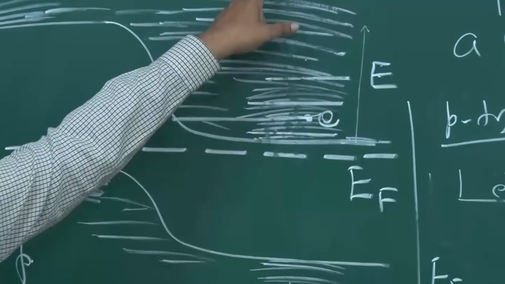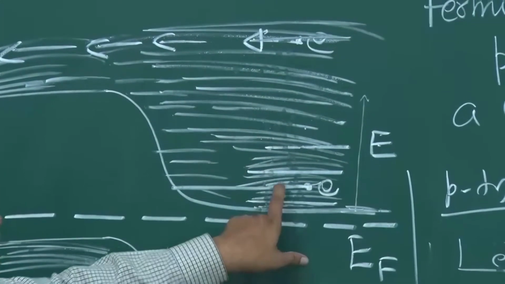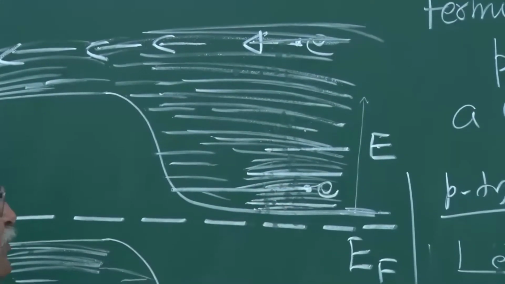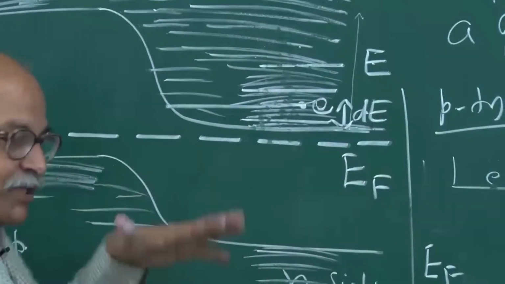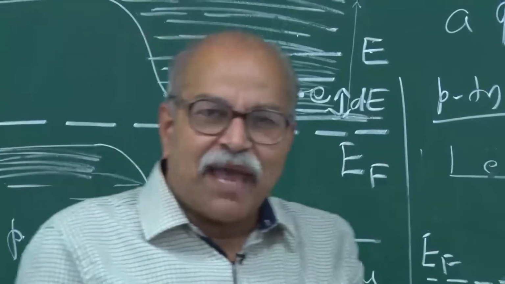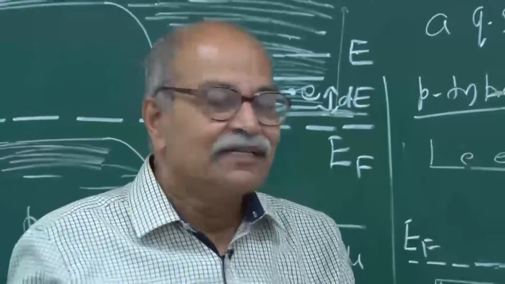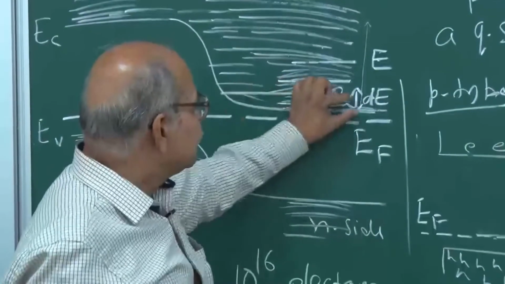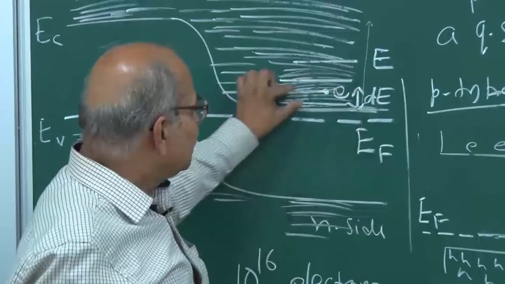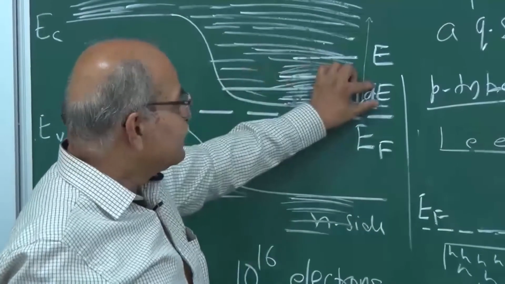But that's not exactly the number of electrons in this range. Suppose you take a small dE here. These quantum states are very closely packed, so I cannot discuss them one by one. If you take a width dE, how many electrons will be in these quantum states at this energy?